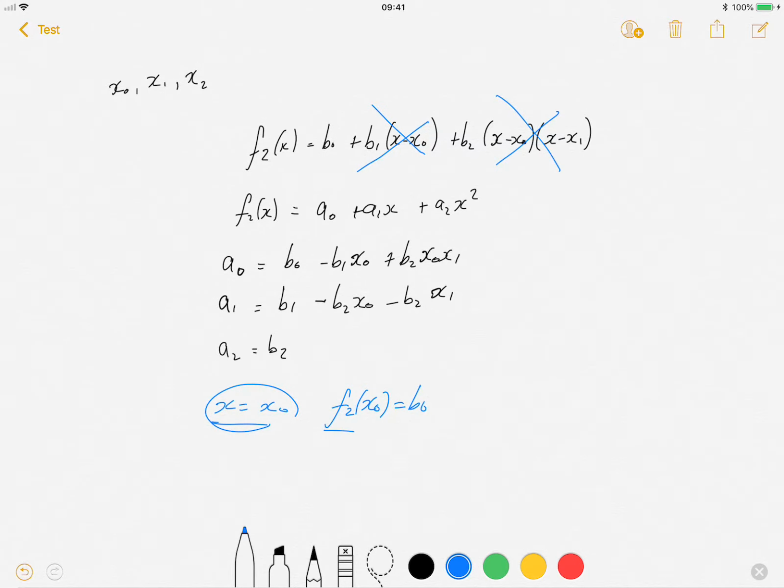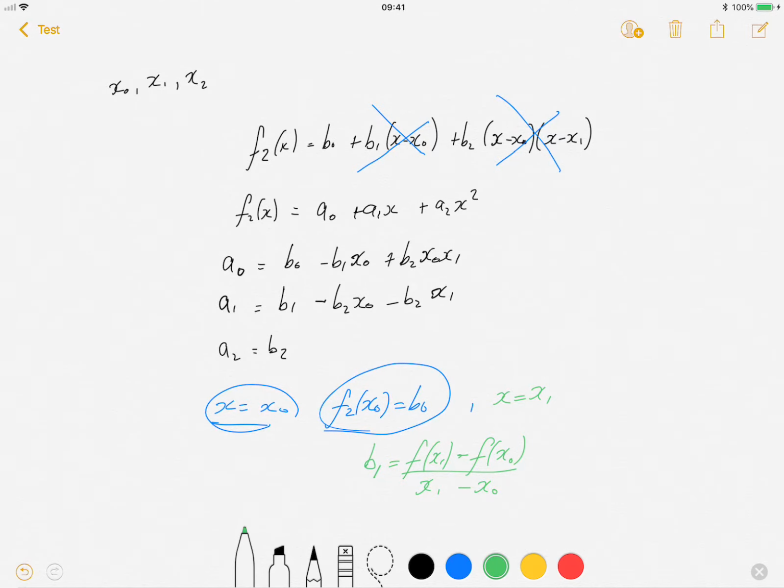Now we can use this at our next data point, x equal to x1, and then we could calculate b1 such that b1 is equal to (f(x1) minus f(x0)) over (x1 minus x0).